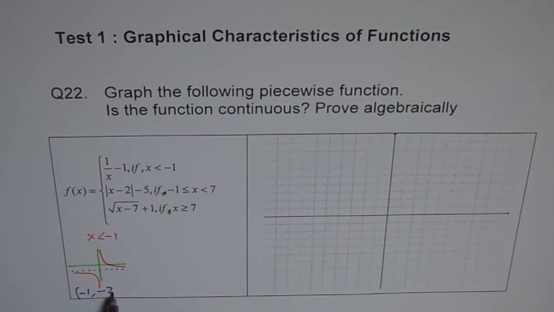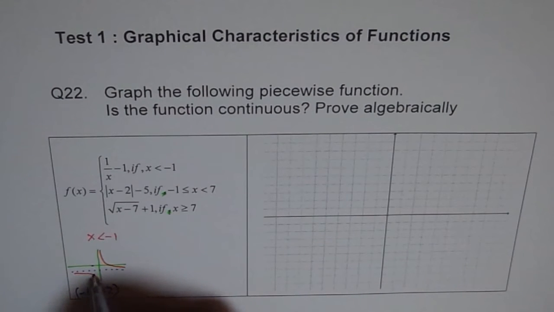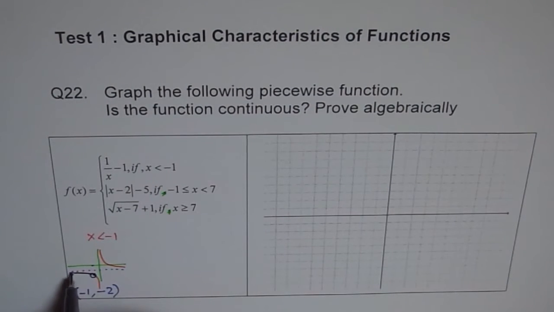So I get minus 1, minus 2, right? So let us say this is my minus 1, and at minus 1 I have this point, and this is actually a hole, right? So let me make a big hole so that I can show you that this is not included, okay? And my graph will move like this. So this is one piece of the graph, correct?